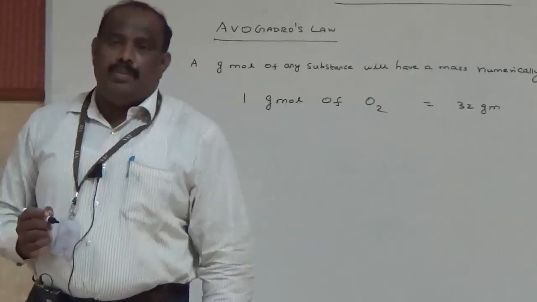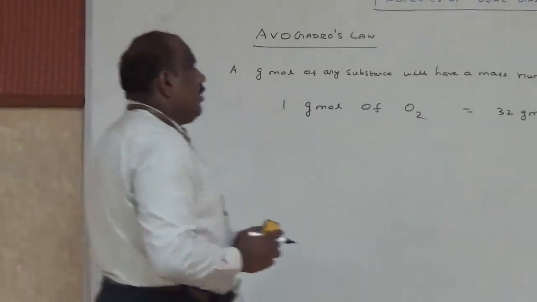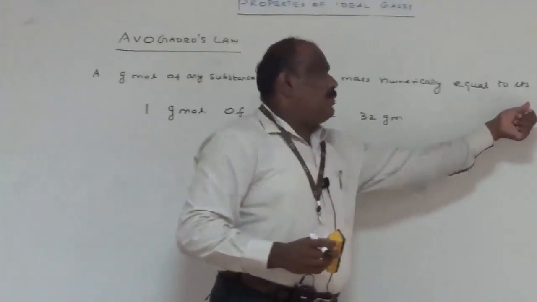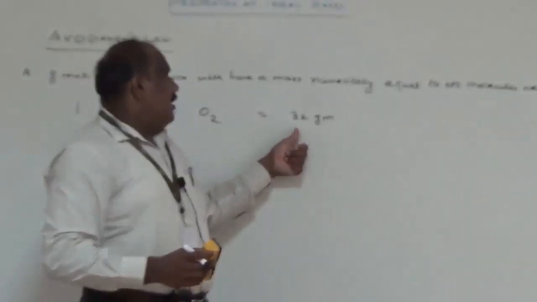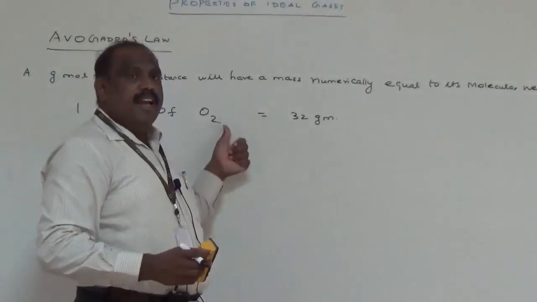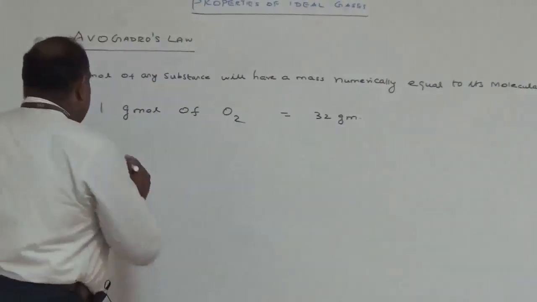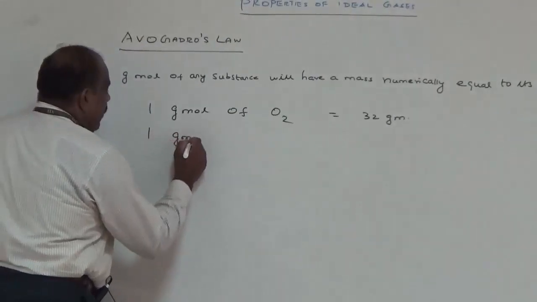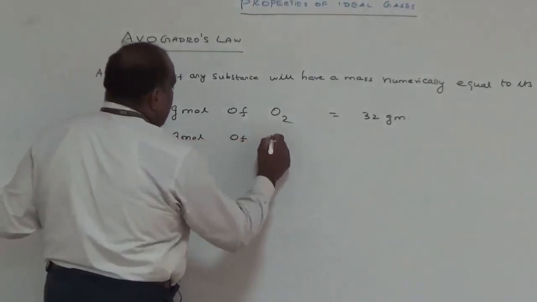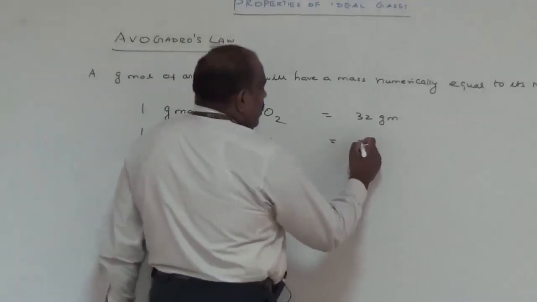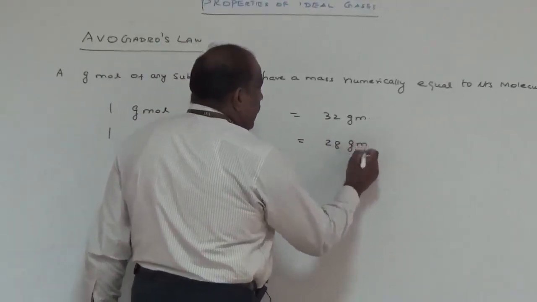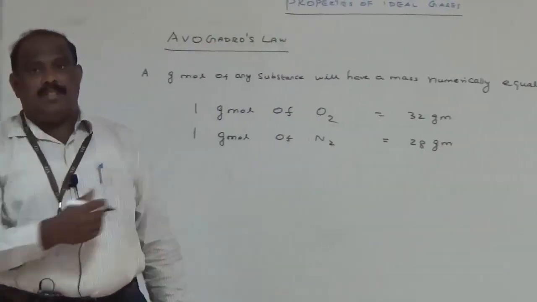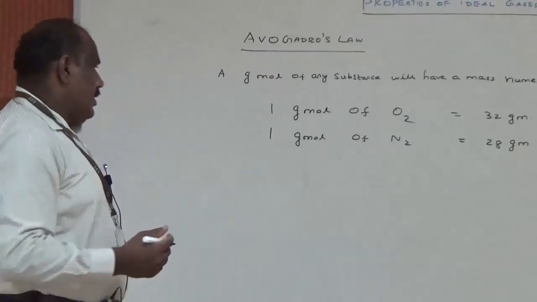1 gram mole of oxygen will have a mass numerically equal to its molecular weight. We know that the molecular weight of oxygen is 32 because it is diatomic. Similarly, 1 gram mole of nitrogen will be equal to 28 grams of nitrogen because the molecular weight of nitrogen, as we just saw, is 28.